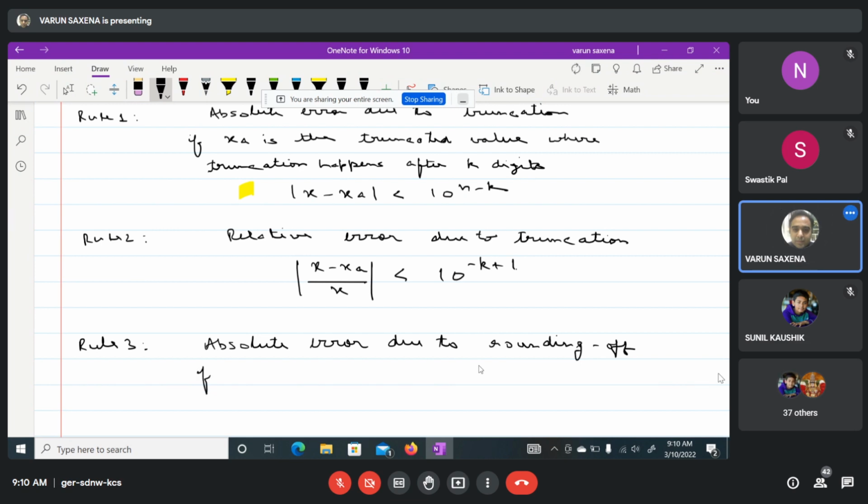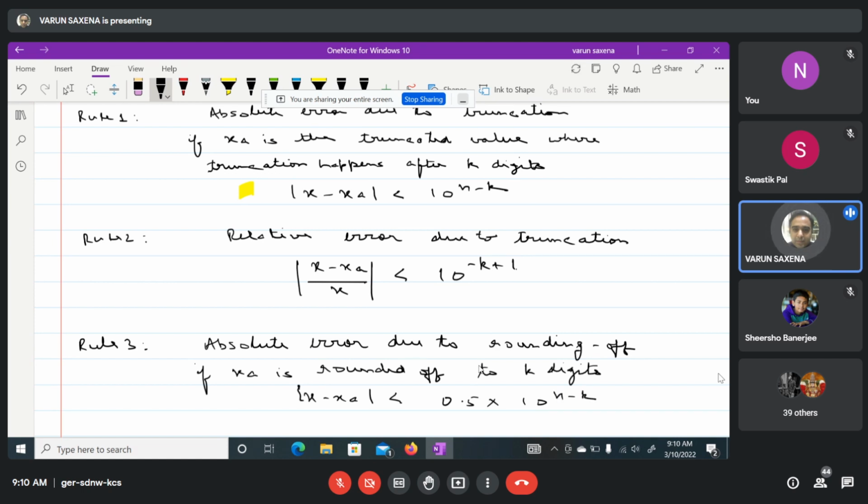So if xa is rounded off to k digits, then the absolute error, whatever you calculate, will always be less than 0.5 times 10 to the power n minus k.